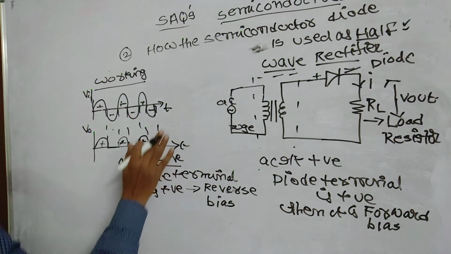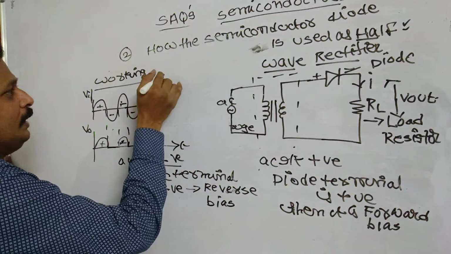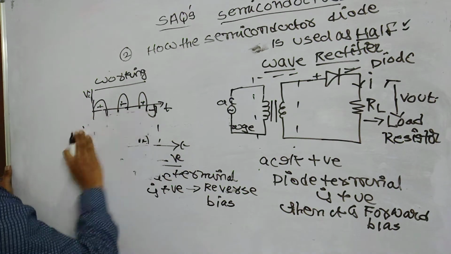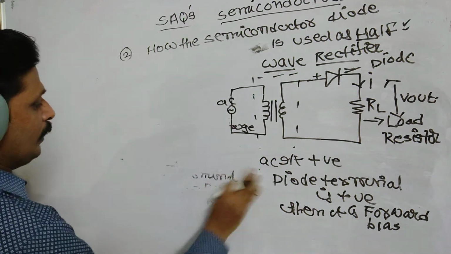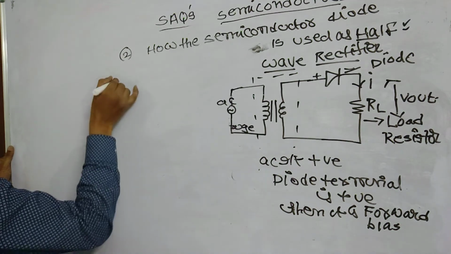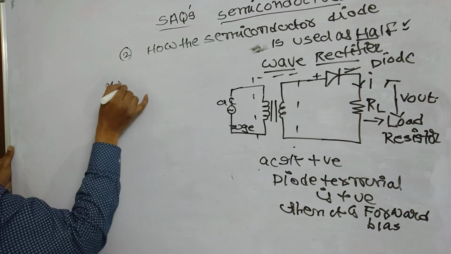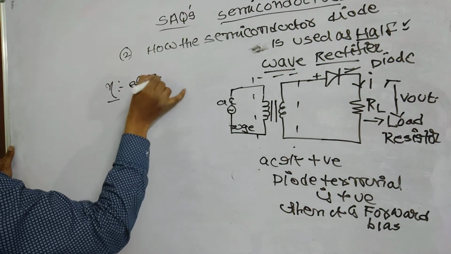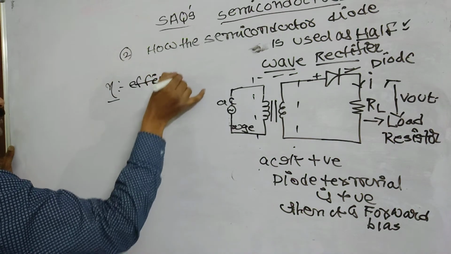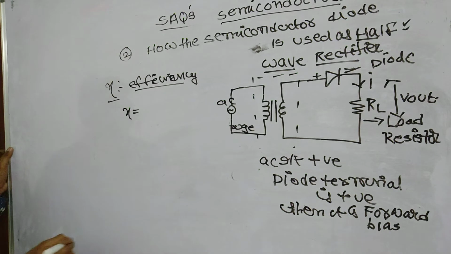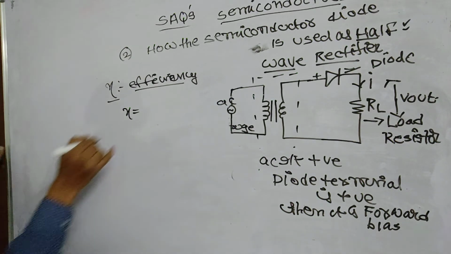Here one important parameter is there, called efficiency. Now only half of the wave is present. The one parameter we have is efficiency, represented by eta. The value of eta is around 40.6%. Some books give it as 40 point something.